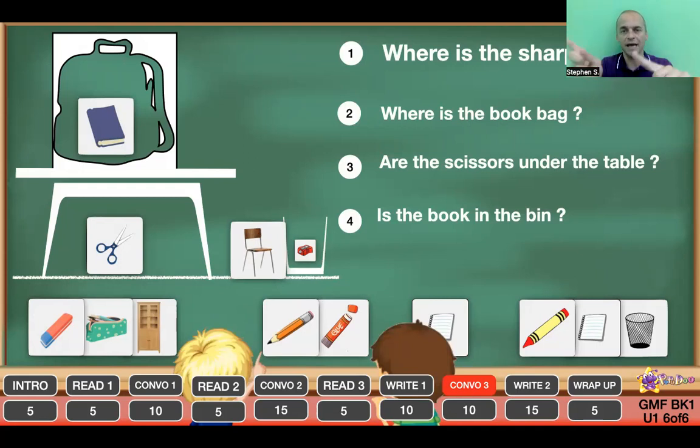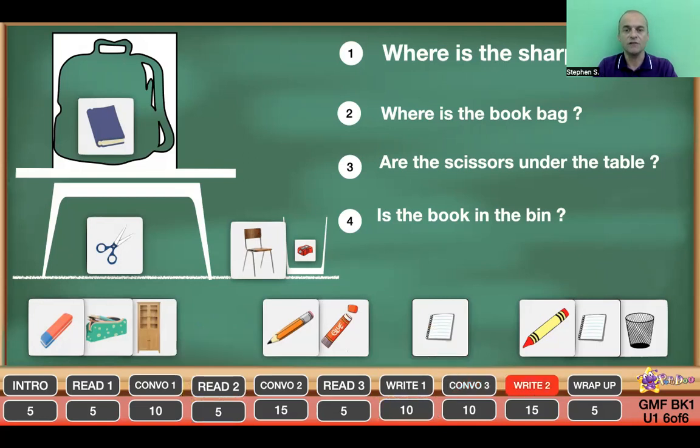So it's A, B, A, B, A, B, A, B. This is how it works. And this way, all students will cover all question forms, and then they will cover answer forms as well. Now what you can do as a teacher is shuffle up those cards for the new students to come along, or you could keep it as is just to make sure that you're not introducing too many variables. Now we're going to have the writing part.